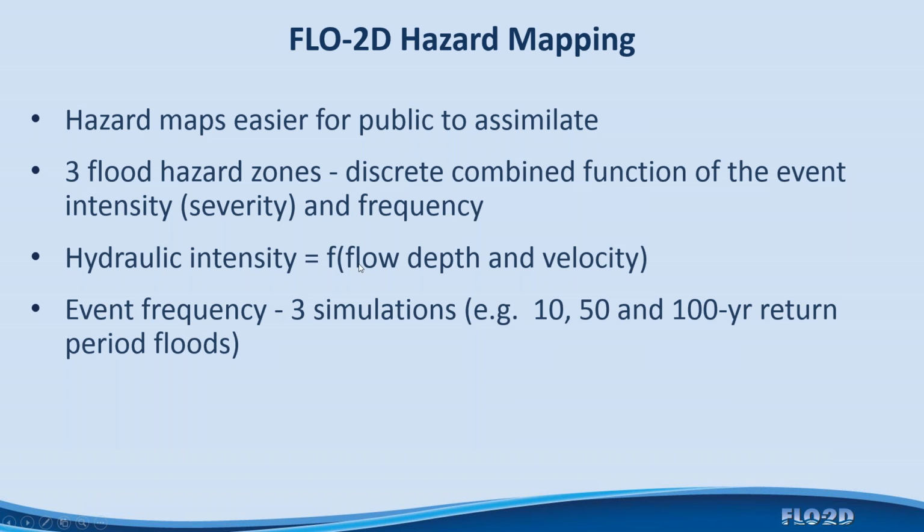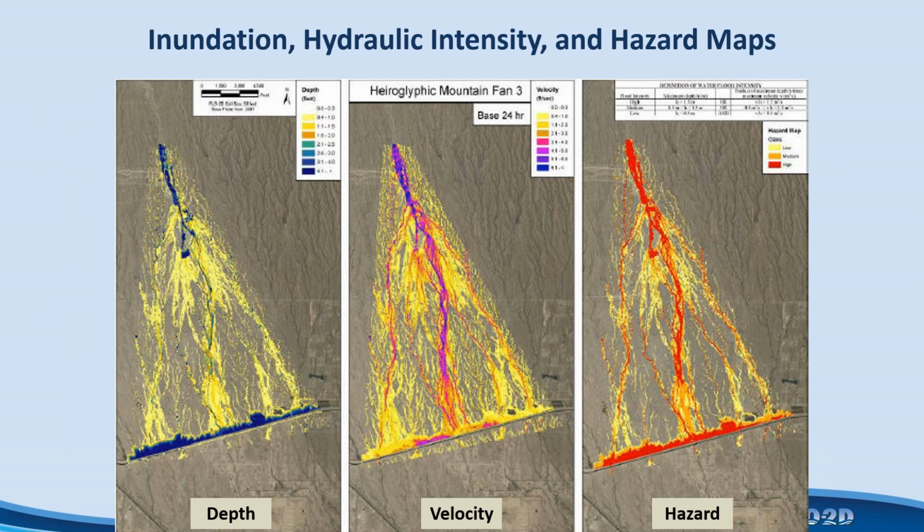The hydraulic intensity is given by some function of the flow depth and velocity. And if you're using the frequency, you need 3 simulations, 10-year, 50, and 100-year return period events. So the 3 types of maps are shown here.